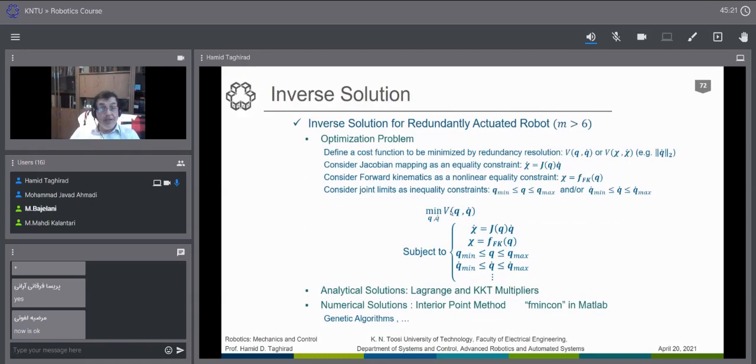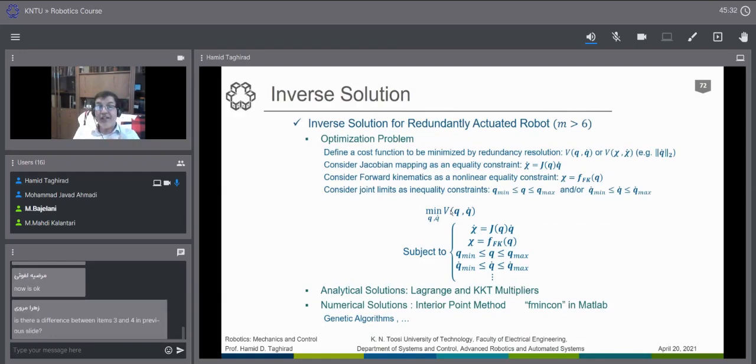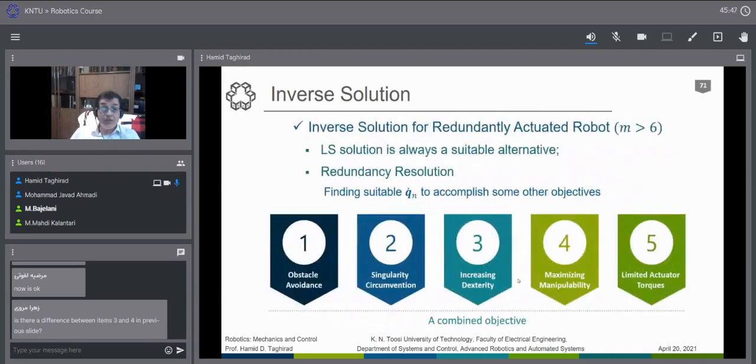For example, you remember that we defined mu as the dexterity measure and also another dexterity measure, and there are differences between them. What is the difference? Yes, we have different types of measures.